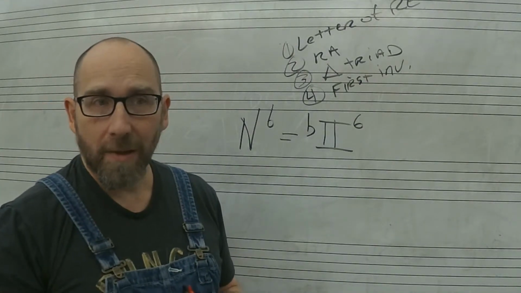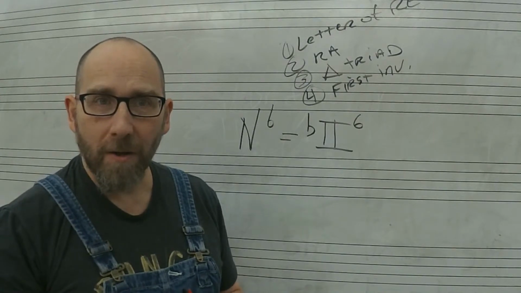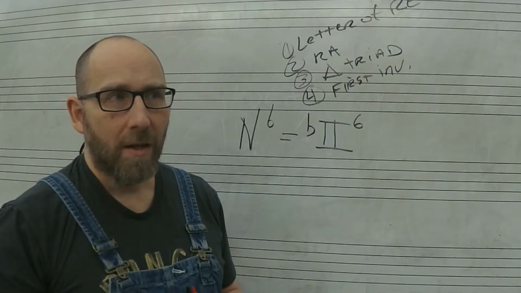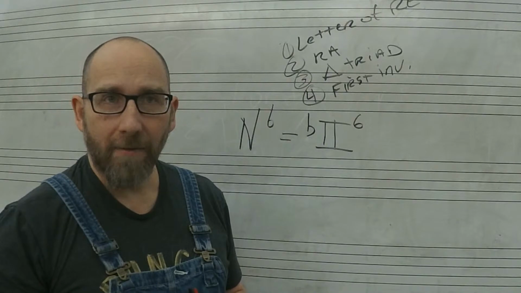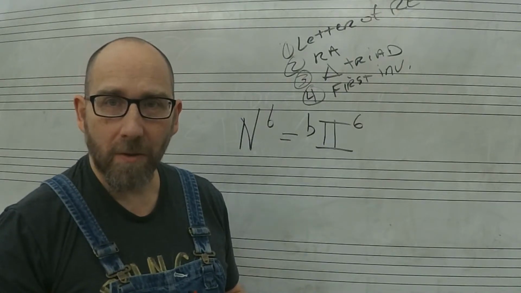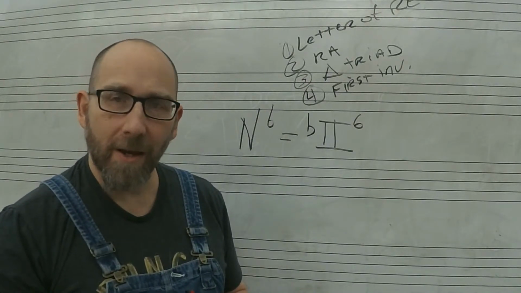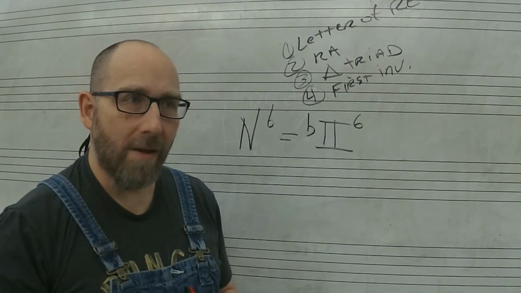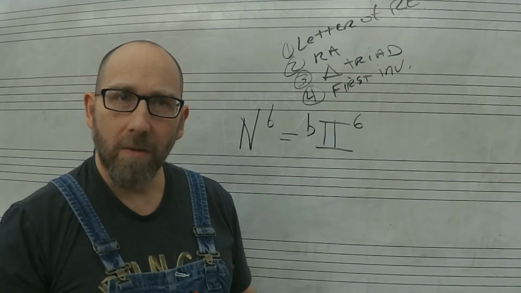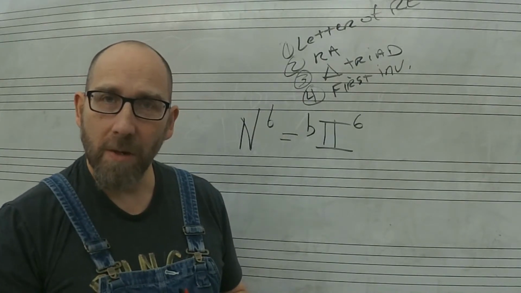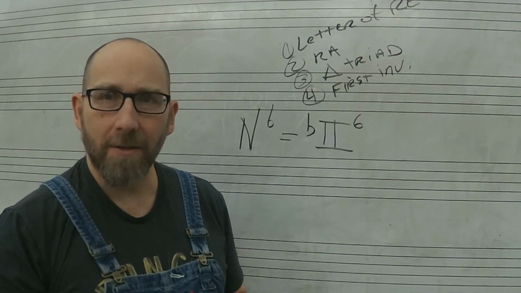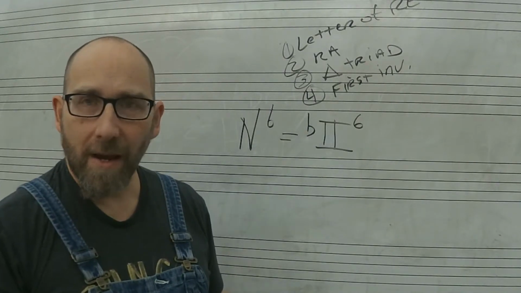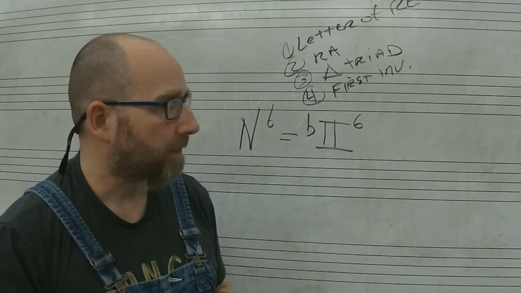So if we're talking about that D flat, F, A flat chord, the F will be on the bottom. In the key of C, F is on the bottom of a Neapolitan sixth chord: D flat, F, A flat with F on the bottom. In the key of E, your Neapolitan sixth chord is going to be F, A, C, F natural, A, C, and the A will be on the bottom or in the bass.